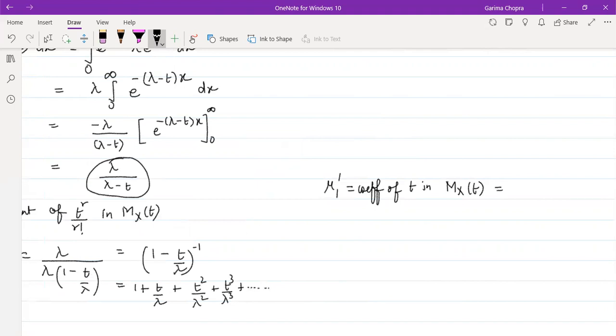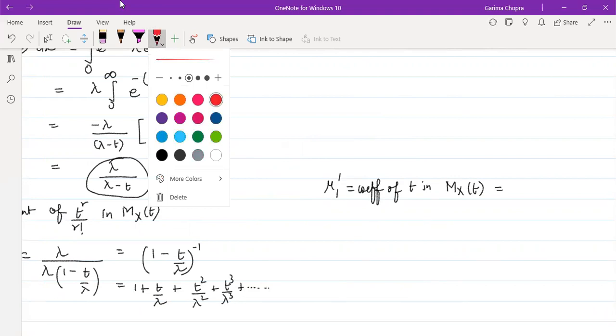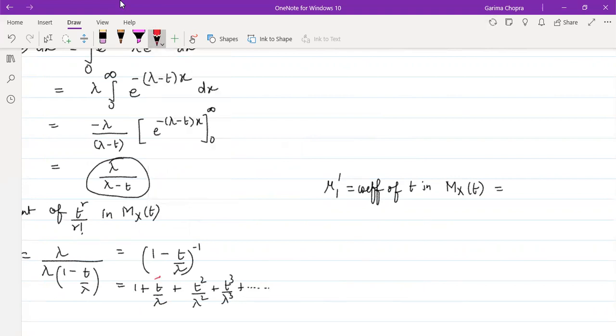And if we see this series which we have for the moment generating function, here in this term we have t, and if we check the coefficient of t, it is 1 upon lambda. So here the first moment about origin is coming as 1 upon lambda.